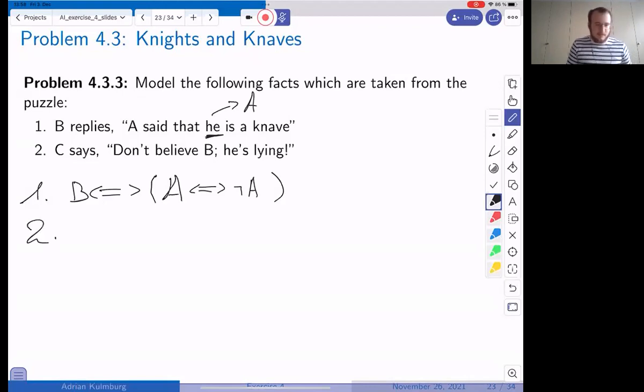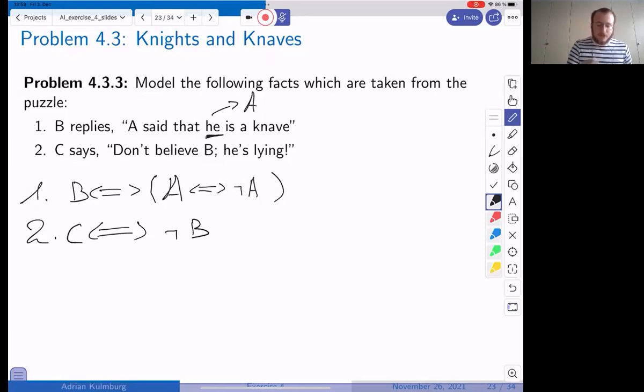The second sentence is relatively similar. So C says, okay, so somebody says something. Who is the person that says something? It's C. And he says, don't believe B, he is lying. So he is saying that B is lying, meaning he is saying that B is a knave. So he is saying that not B is true. Okay, and that's how you formalize those two sentences.